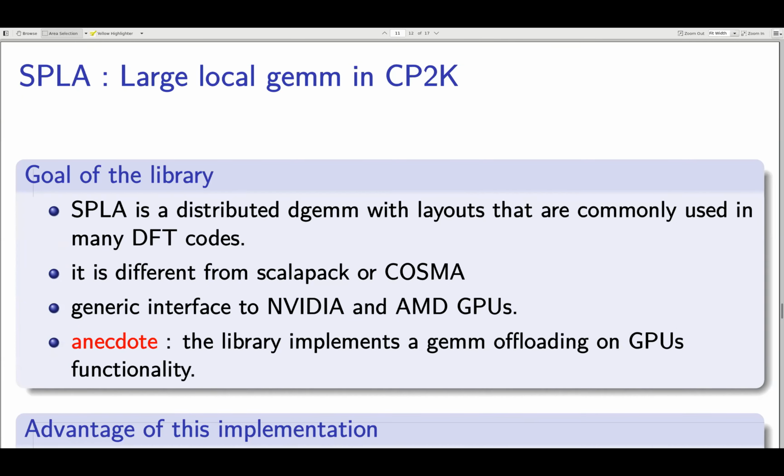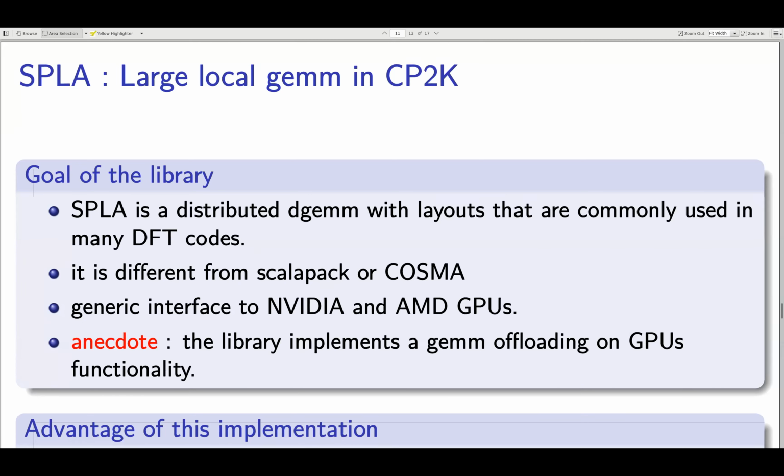The other goal of the library was to provide a generic interface to NVIDIA and AMD GPU. And the anecdote is that although the library was not initially thought to do matrix multiplication offloading on GPU, it actually had this functionality from day one.